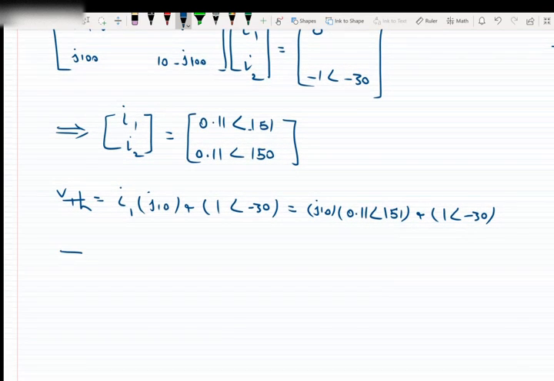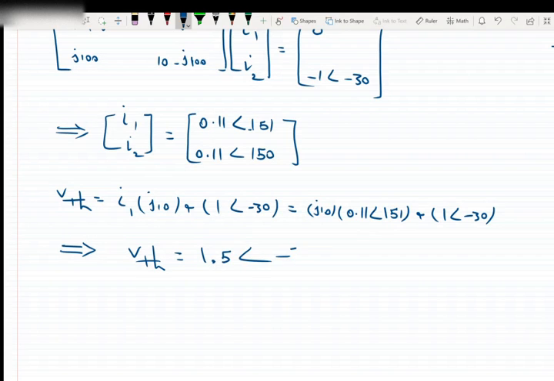So as a result, V Thevenin is equal to 1.5 with the angle of negative 77. So this one is V Thevenin.